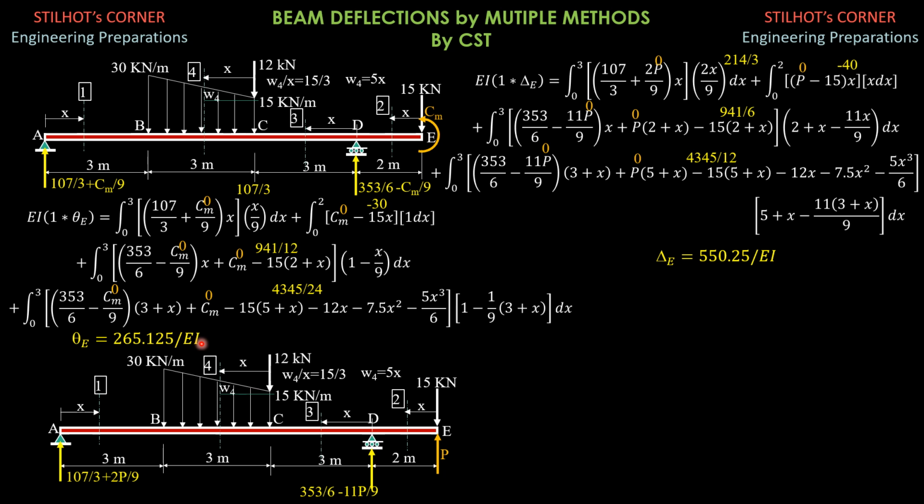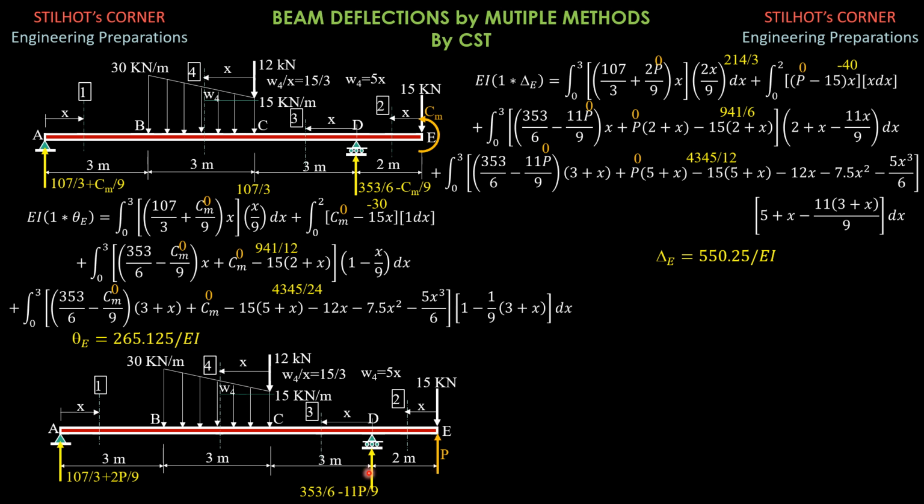Then, finally, for the deflection at E, we apply an upward load P at E, then compute the reactions. Reaction AY times 9 equals P times 2. So this now becomes 107 over 3 plus 2/3 of P. Then reaction at D times 9 plus P times 11 equals 0.